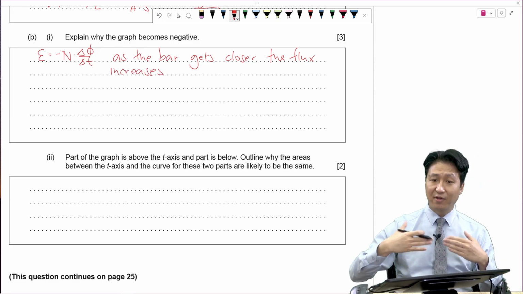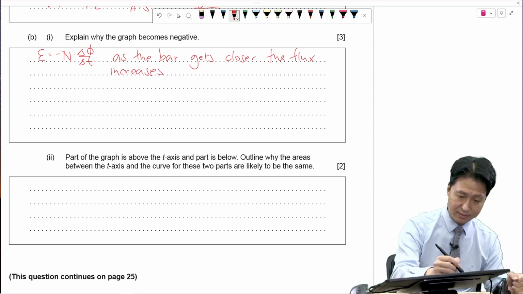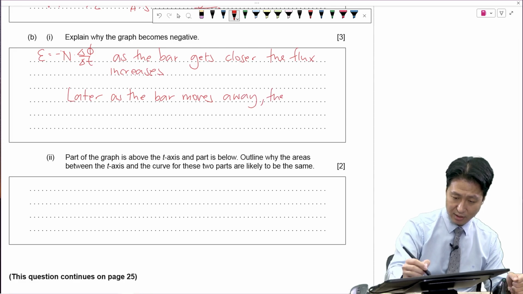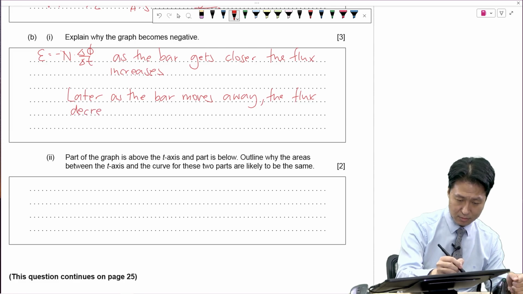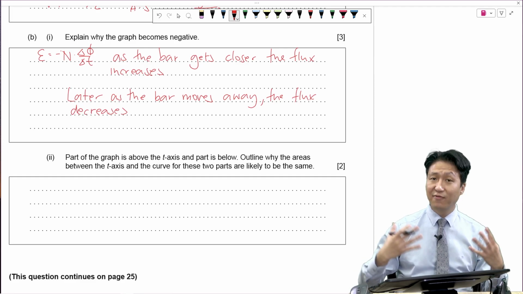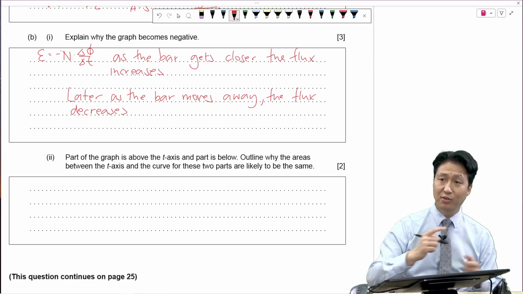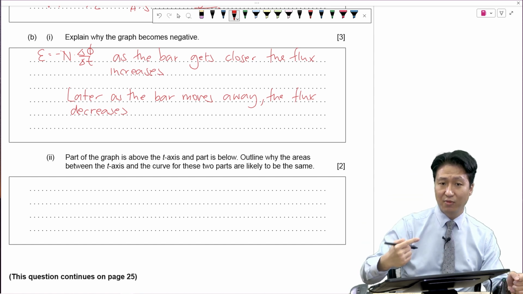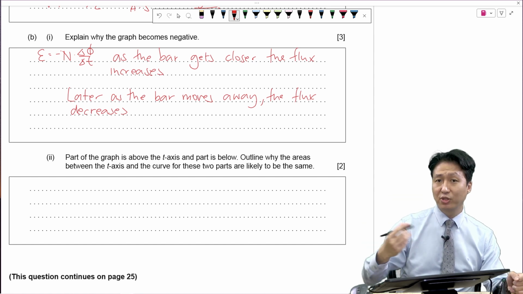But later, as the bar moves away, the flux decreases, which means the change in flux is in the opposite direction. So increasing flux has a positive sign. Decreasing flux has a negative sign, which means the EMF would also change directions.